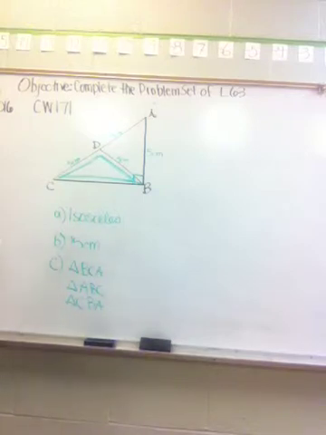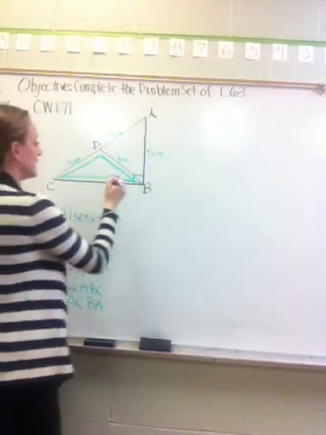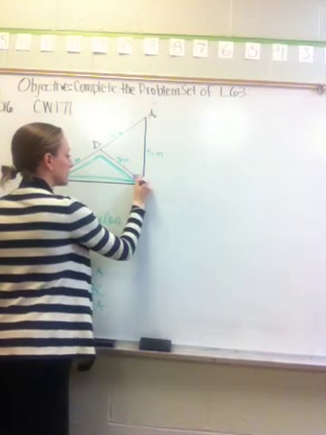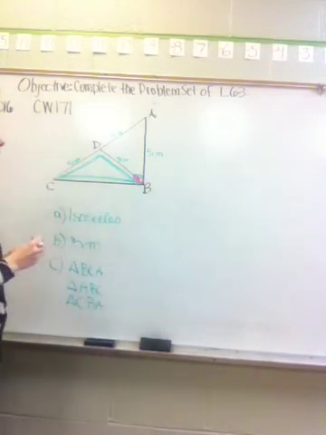All right. It says, find the following angles. What angles are the easiest ones to find here? Joseph knows. Felicity knows. What do you think, Felicity? It's the right angle. Okay. We've got a 90-degree angle here.